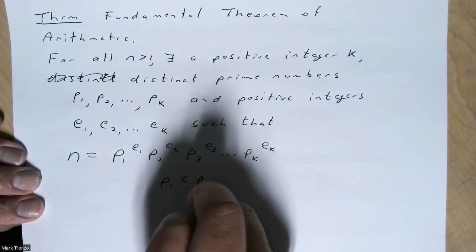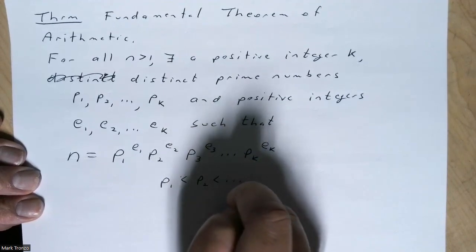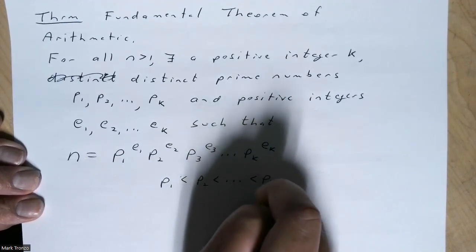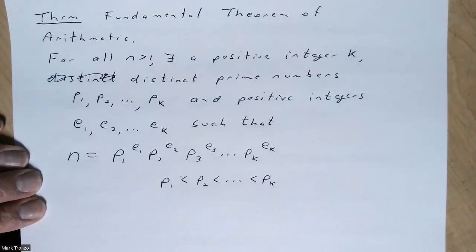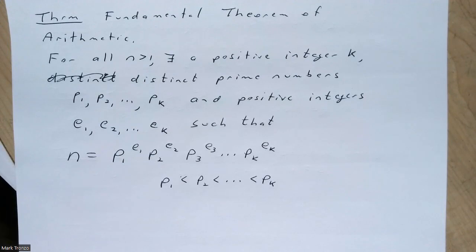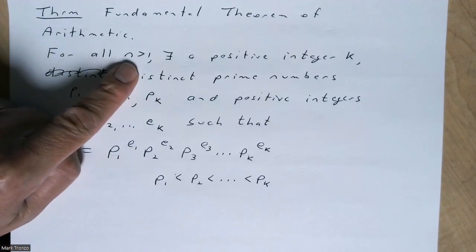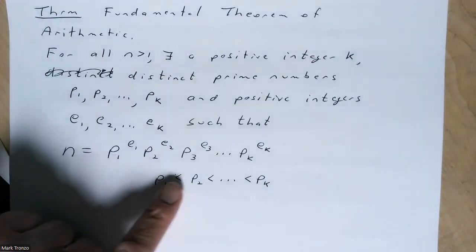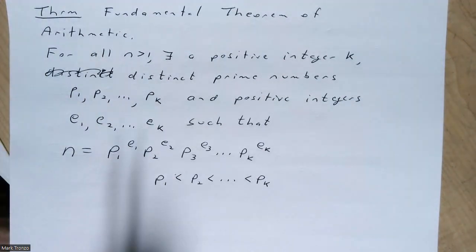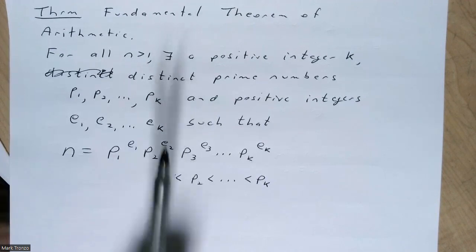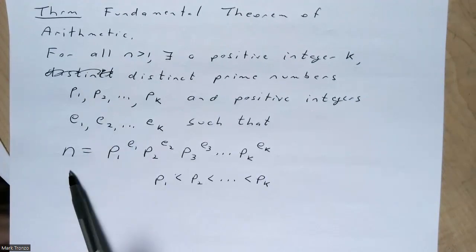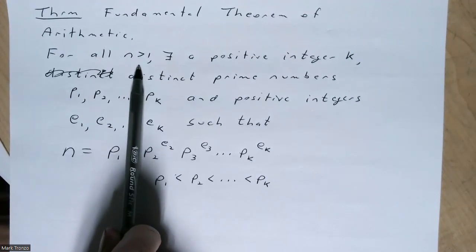where the primes are increasing, up to PK. So you can write any number n in this form. Basically, you can write any integer n in this form where n is greater than 1.